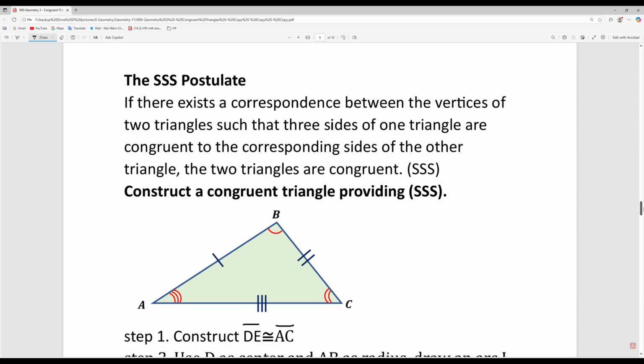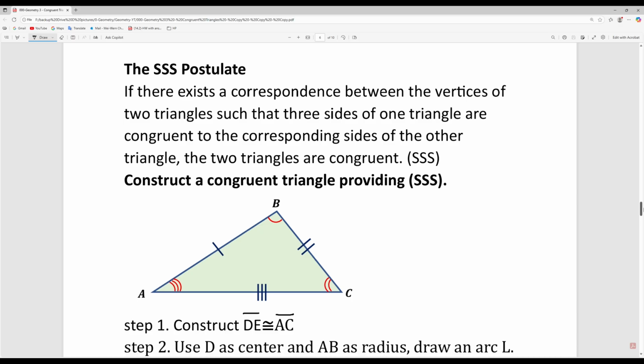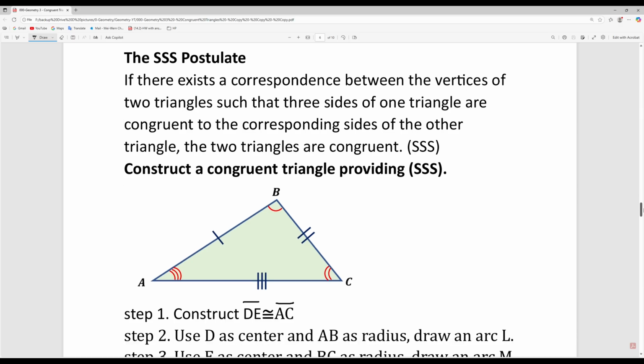Now, which 3 pairs of the congruent parts do you need? First one, SSS, means 3 pairs of the sides congruent. Then that's good enough. Even if we don't talk about any angles, 3 sides congruent will guarantee 2 triangles congruent.